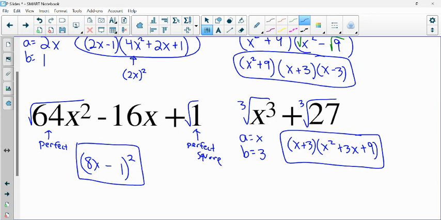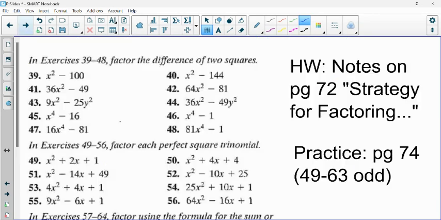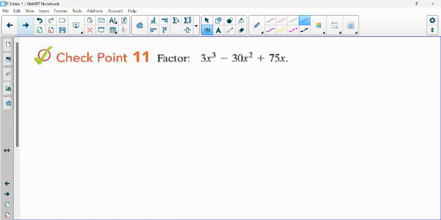Any questions from last night's homework that you want to go over? All right, then we're going to do a couple example problems, and then you'll have time to more practice working on factoring.